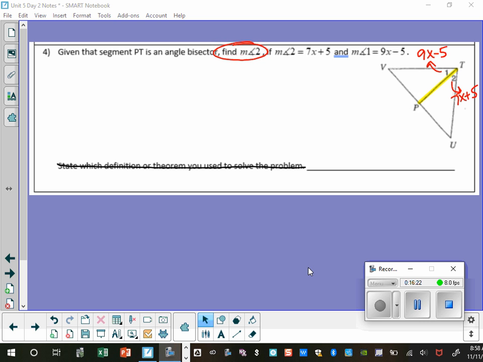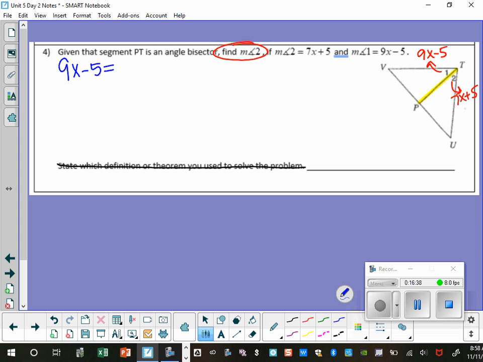All right, what'd you guys get for your answer? I got 5 for x and 40. Okay, your answer should be the measure of angle 2, not your x. So you guys set up 9x minus 5 is equal to 7x plus 5.